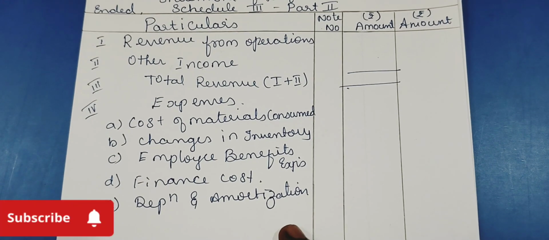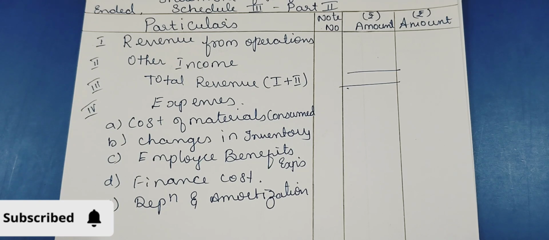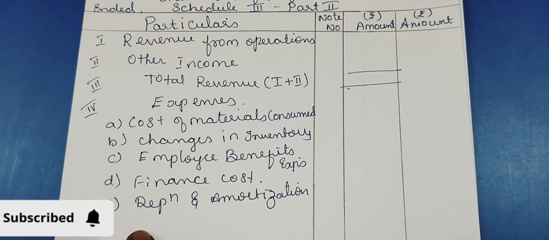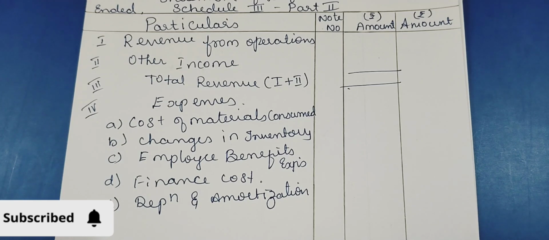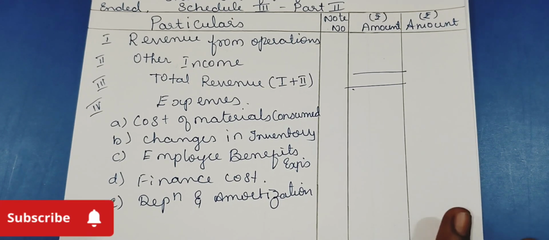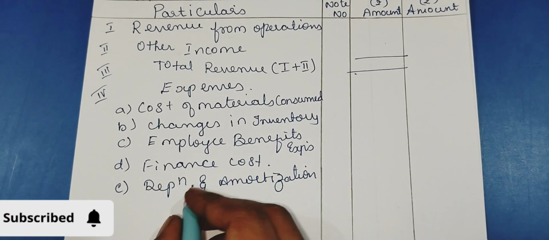That is why amortization is calculated separately. Both the meanings are same, it reduces the value of the asset. But depreciation is calculated on the fixed assets, that is tangible assets. Amortization is on the intangible assets. Okay. Then other expenses.